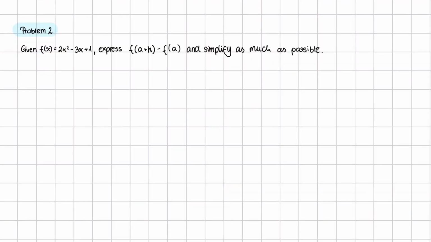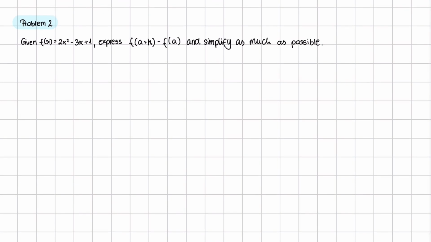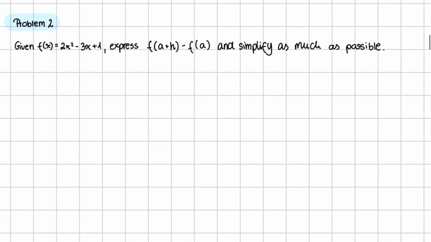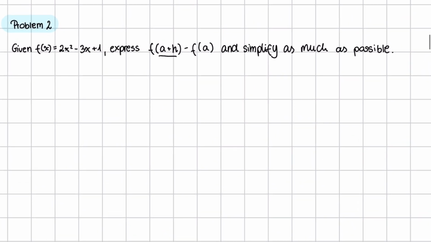Problem 2. Given f(x) equals x squared minus 3x plus 1, express f(a plus h) minus f(a) and simplify as much as possible. In this problem, we just need to substitute a plus h into x, and then subtract the function with a substituted as x.